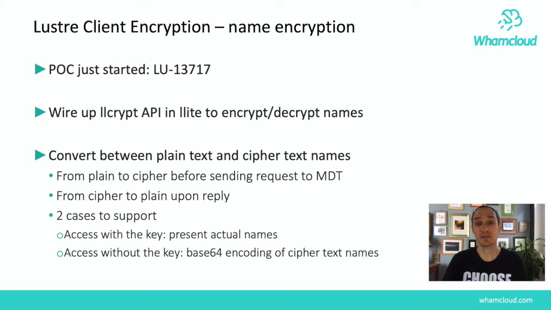This access without the key is required because we have to support a number of syscalls without the key. For instance, we need to be able to list the directories and their entries without the key. We must be able to read file metadata with stat, for instance, and without the key, it is also possible to remove files and directories.